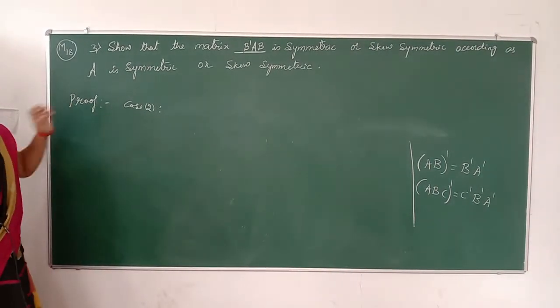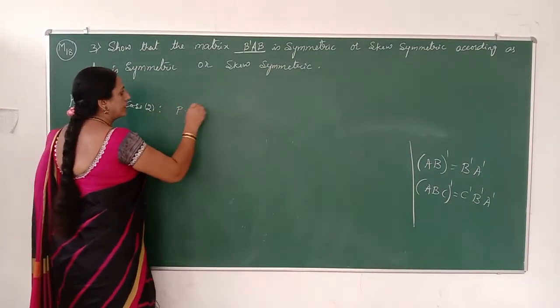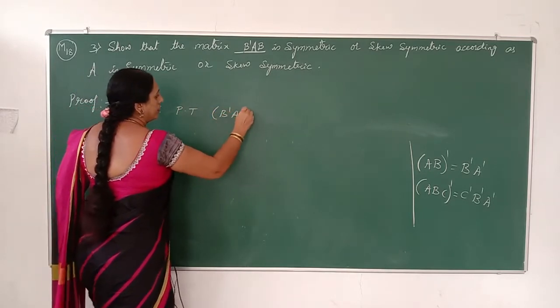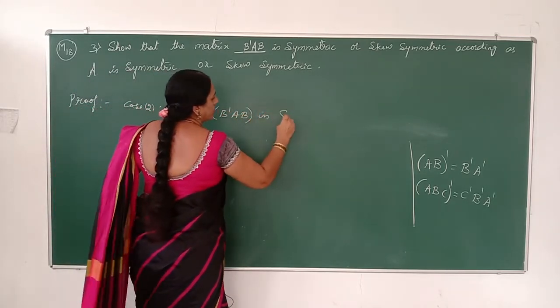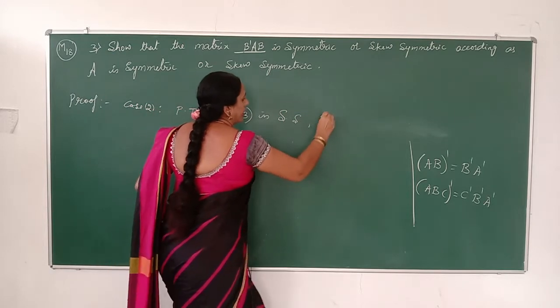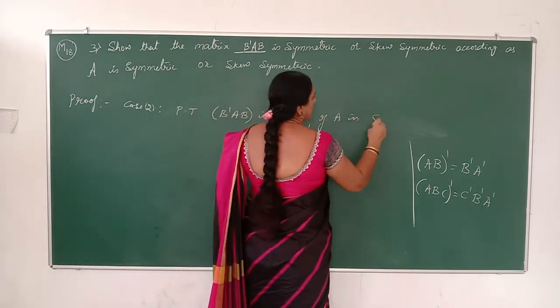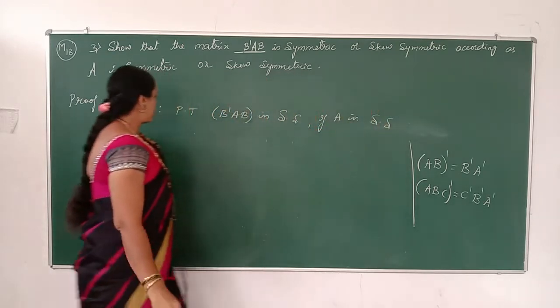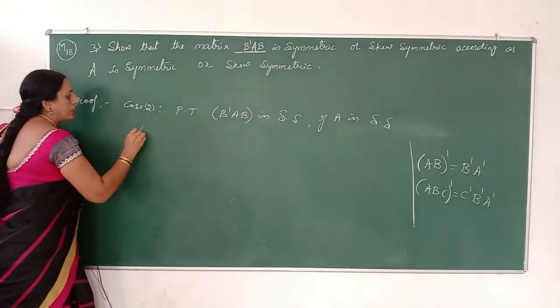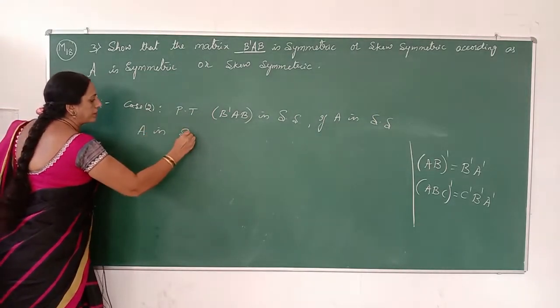Next is case 2. Prove that B dash AB is skew symmetric if A is skew symmetric. So we'll consider A is skew symmetric.